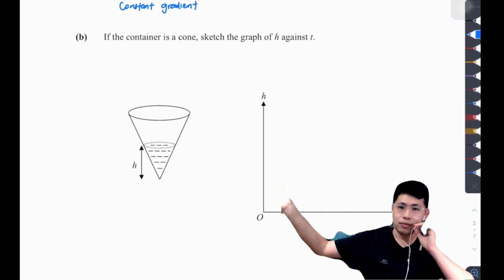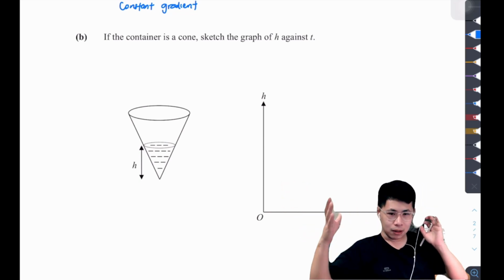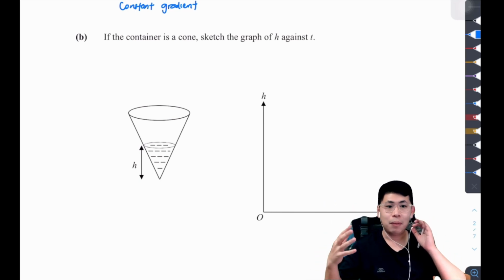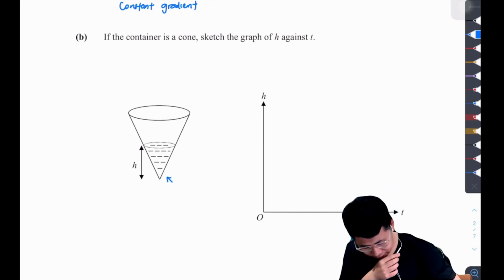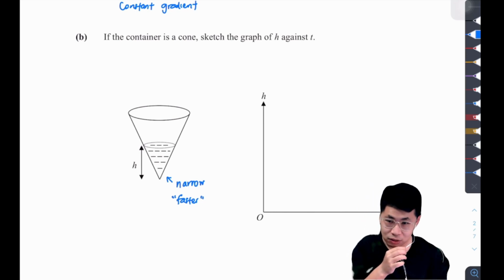So if you observe the cone, now, by common sense, the narrower part will fill in faster, the wider part will fill in slower. So over here at the bottom, it is actually narrower, right? So this means the water will fill in faster over here.